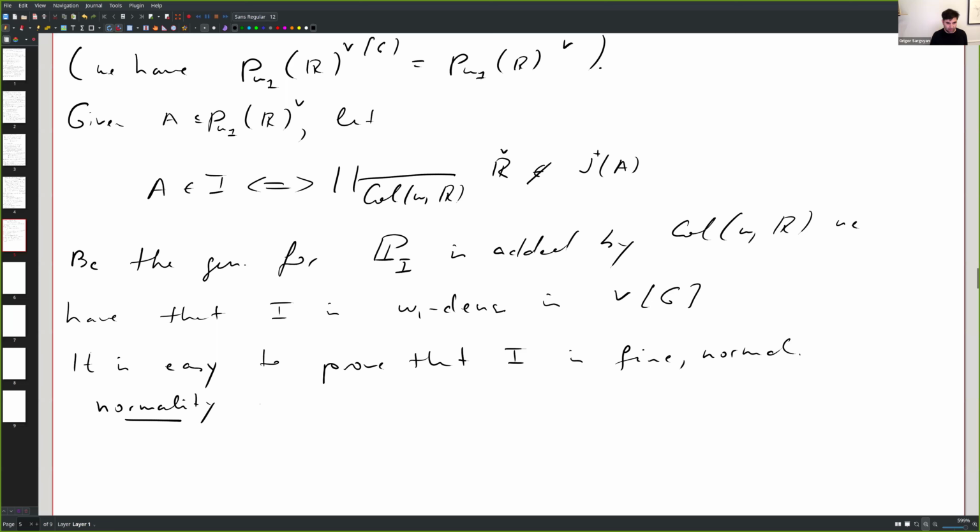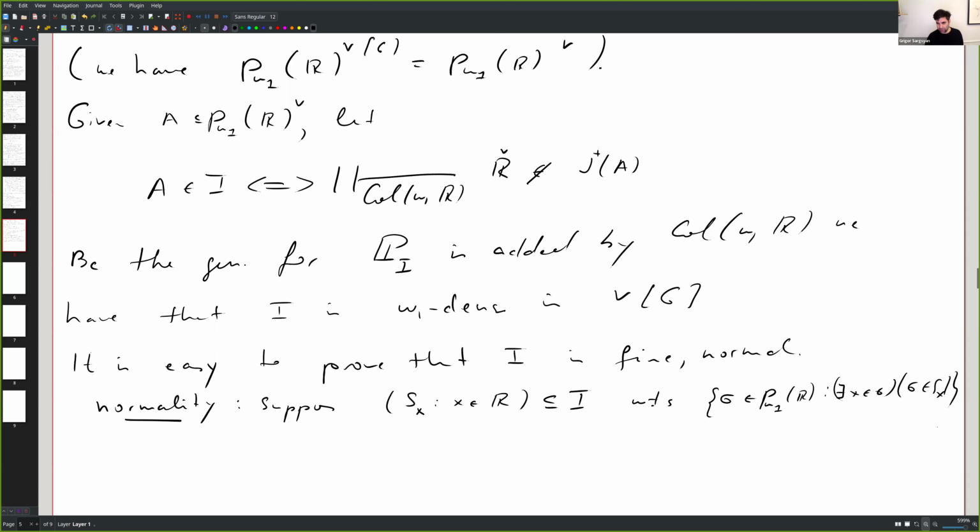It means that suppose I have S_X, X in R, a subset of I, we want to see that the diagonal union is in the ideal.